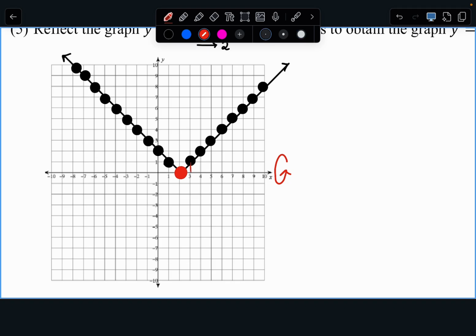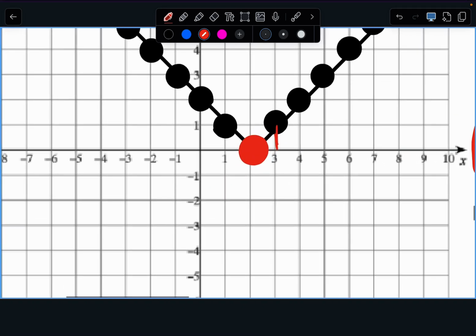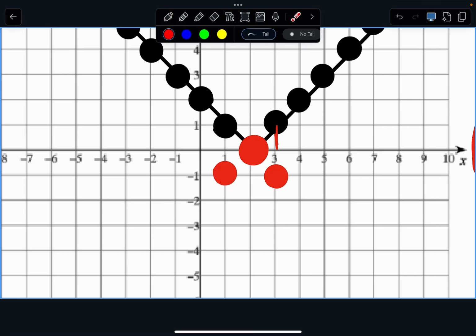This point was 1 away from your x-axis, so it's going to be 1 away down below. Same thing on the left. This next point was 2 away, so now it's 2 away below.